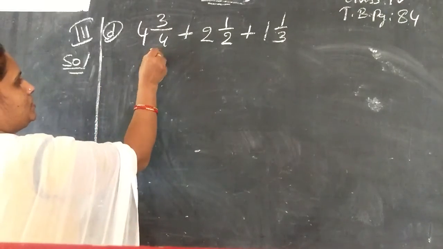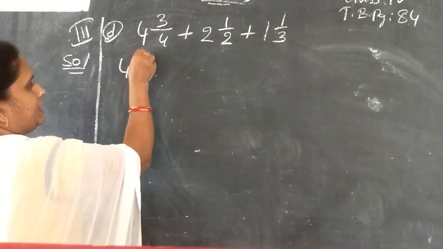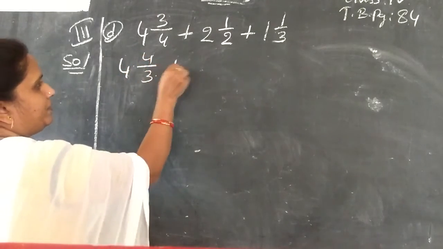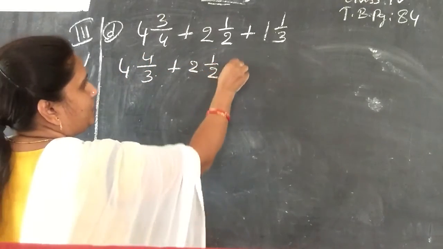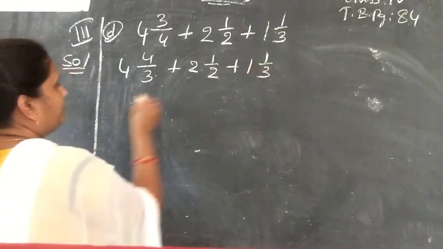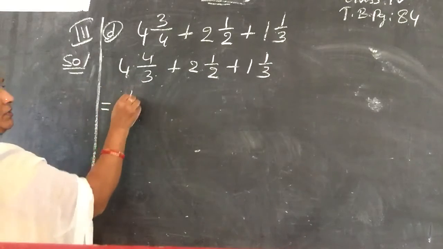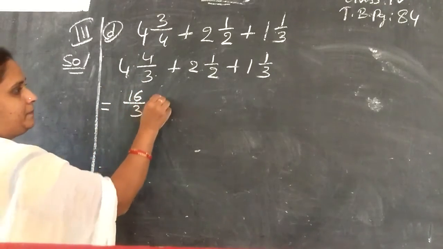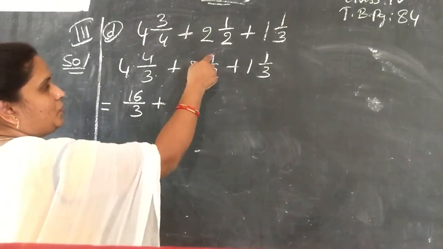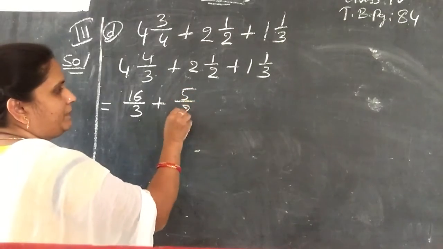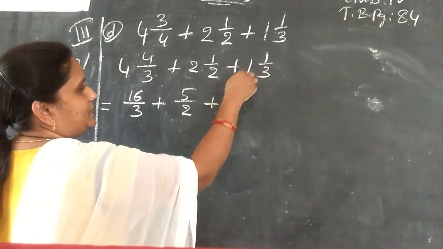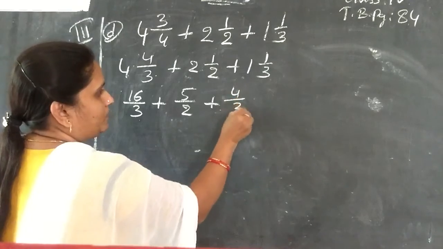So I am writing the sum again: 4 3 by 4 plus 2 1 by 2 plus 1 1 by 3 is equal to 4 4s are 16, 16 plus 3 is 19 by 4, plus 2 2s are 4, 4 plus 1 is equal to 5 by 2, plus 3 1s are 3, plus 1 is equal to 4 by 3.